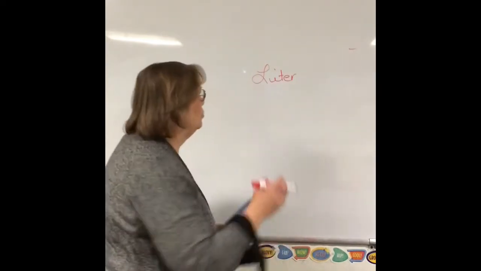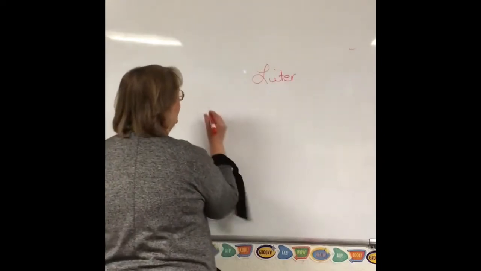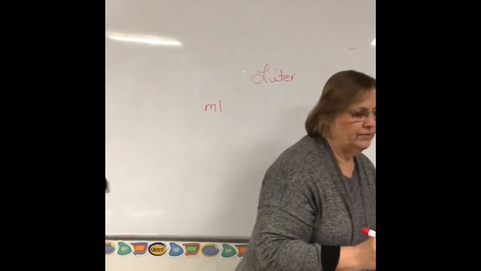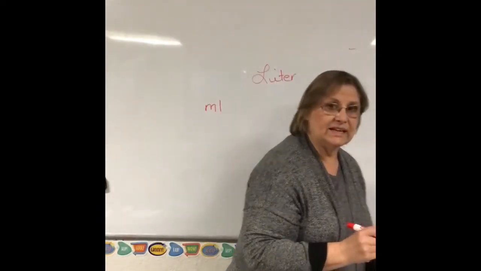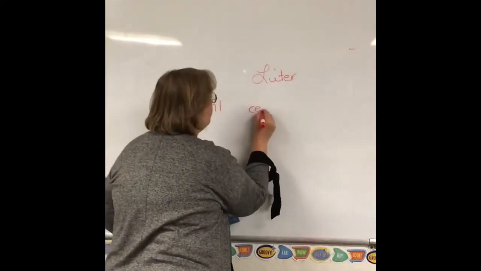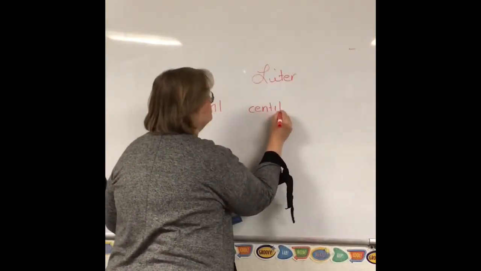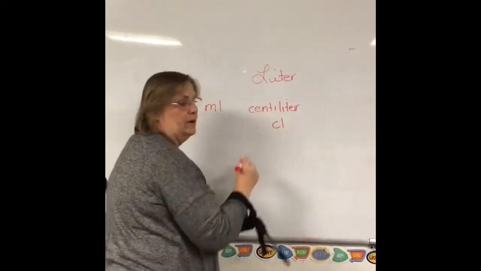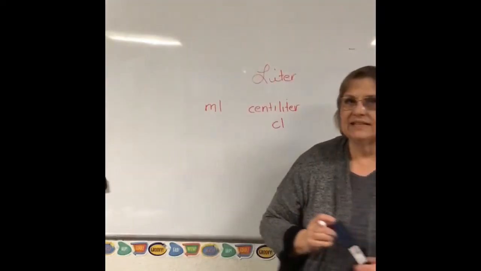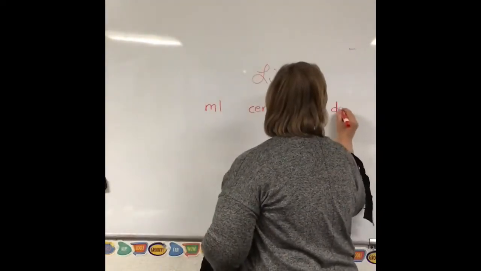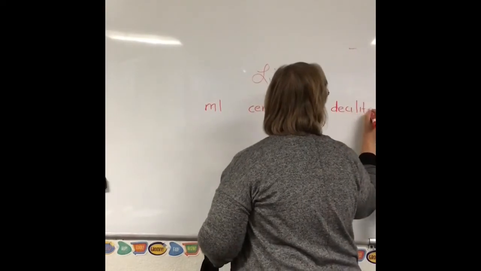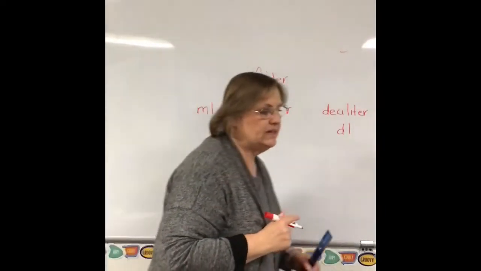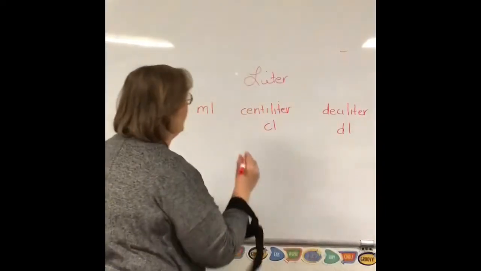The metric system, working with liters, you have milliliter, then you have centiliter, or CL, ML. Then you have deciliter, after deciliter, then you have the liter.